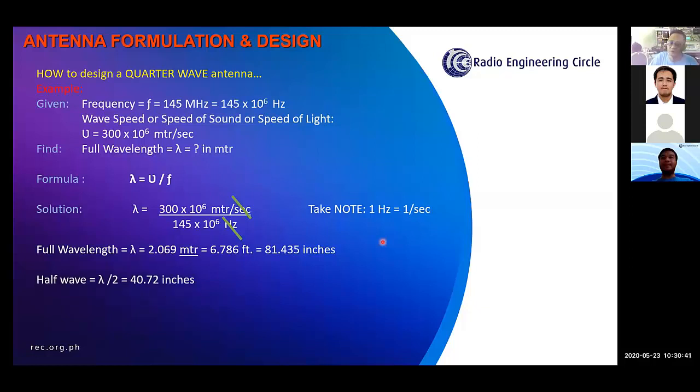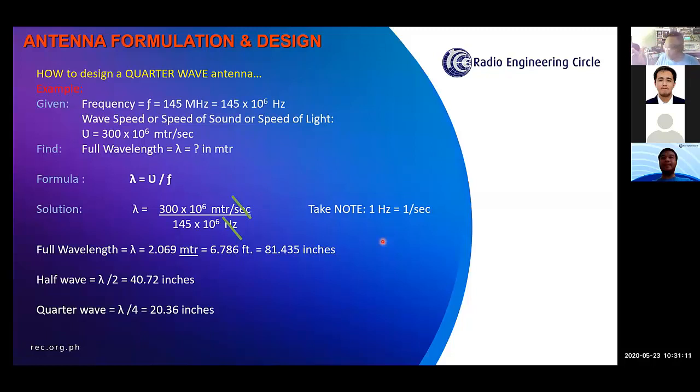Ngayon, pag half wave, full wave na yan, 2.067 meter, o kaya sa inches, 81.435 inches, i-divide mo lang sa 2. That is already a half wave ng antenna, 40.72 inches. So, ang quarter wave niyan, divide 4 mo lang, 81.435 inches divide 4, lalabas is 20.36 inches.